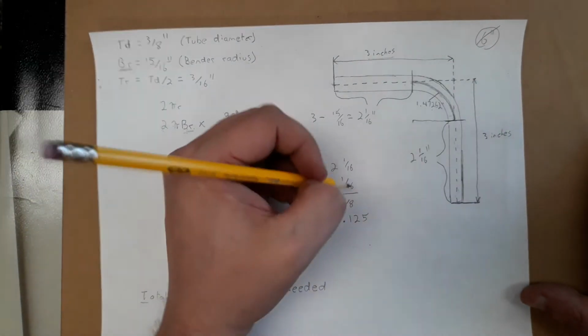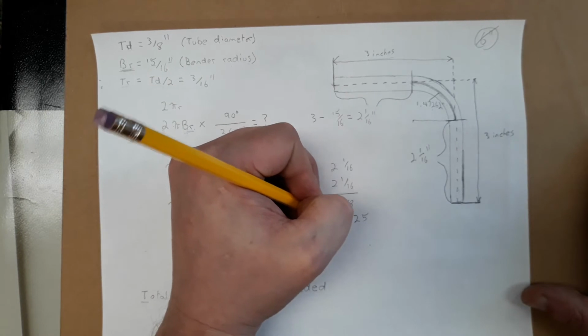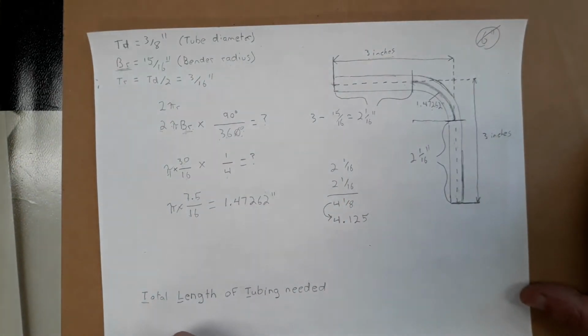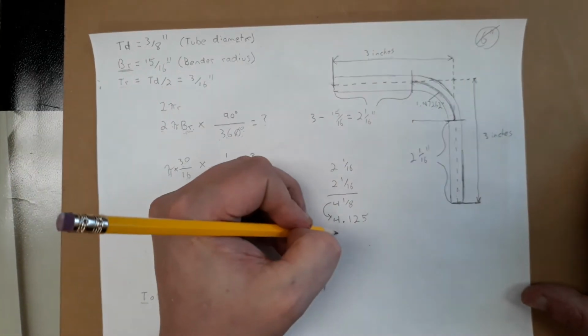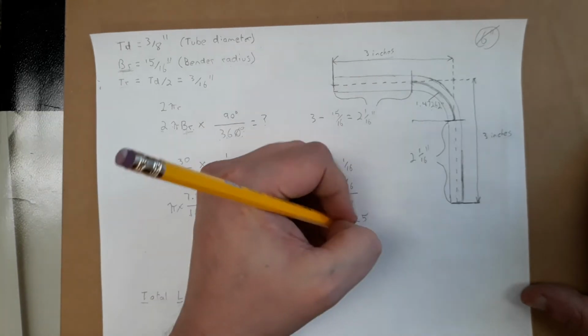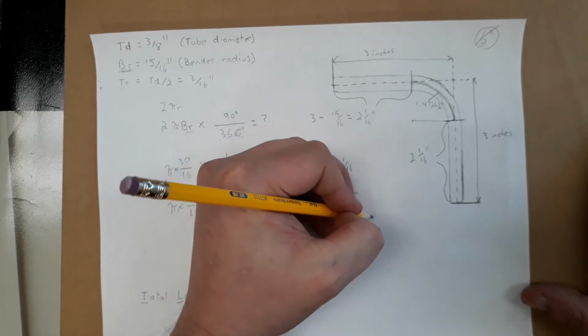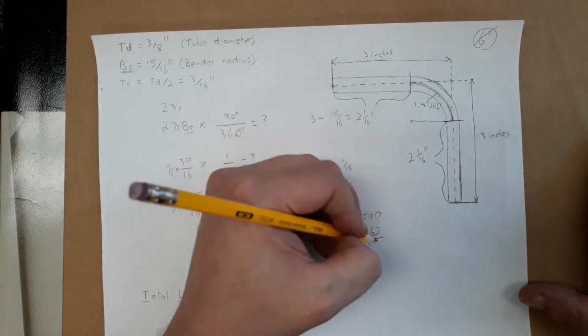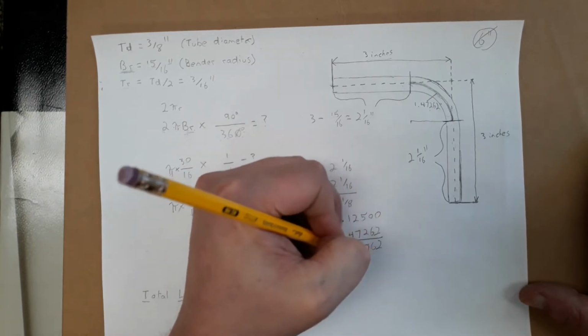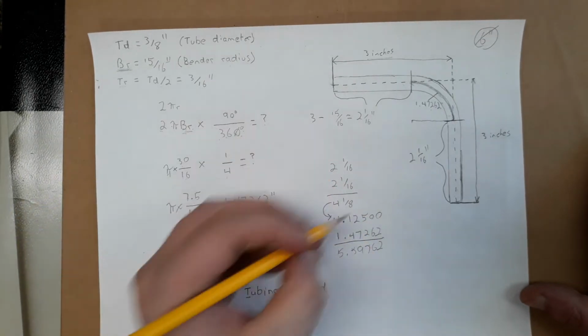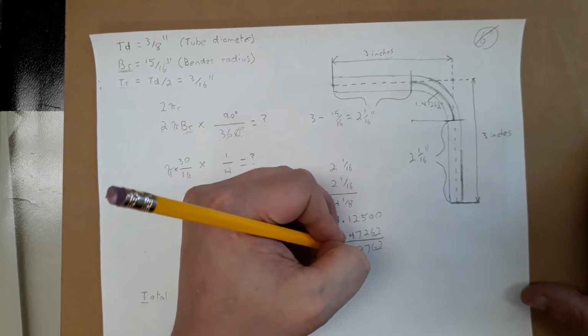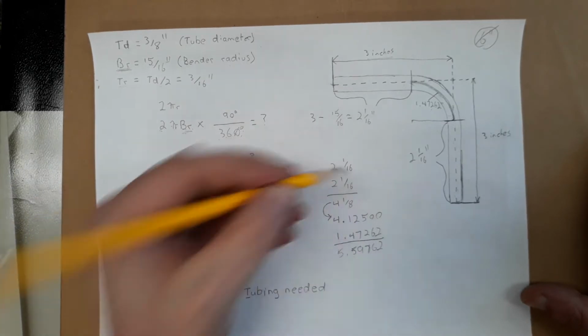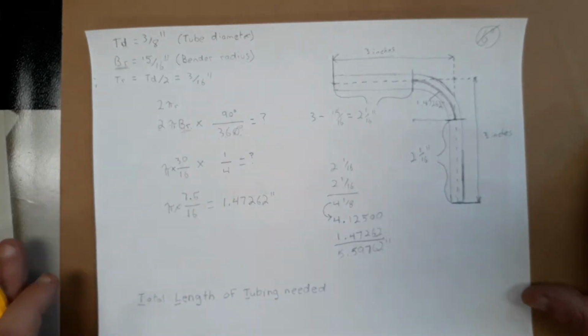All right. This is that. Now I can add the 1.47262 to it, and I come out with 5.59762. And this is going to be inches.